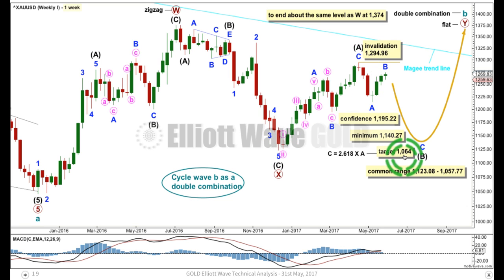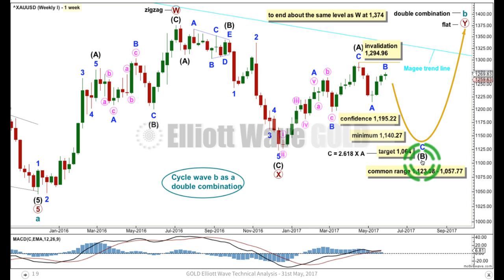The new target would see it do that and would see it reach within the common range. The most common length of B waves within flats is from 1 to 1.38 the length of the A wave. At 1064 here, minor wave C would reach 1.618 the length of minor A, meeting the minimum requirement.